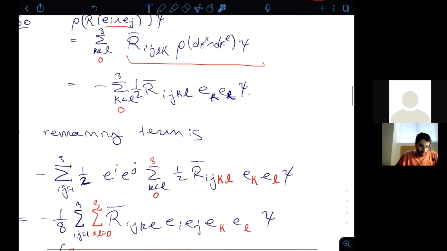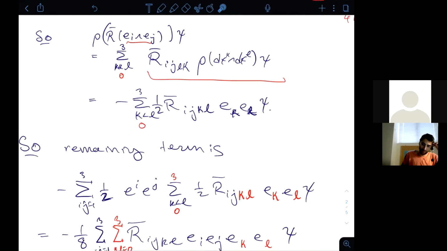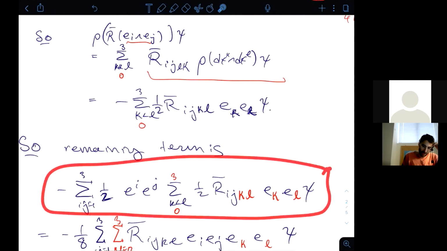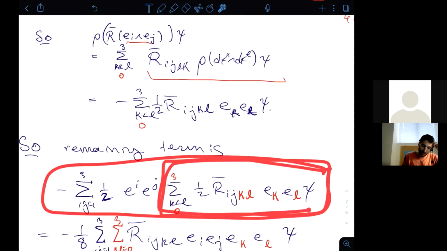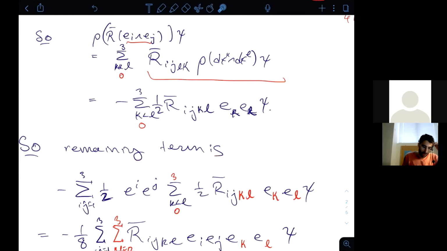Okay, so here we are. We have just used our new formula that we just learned about for how curvature acts on the spinors. We just put that in at the cost of a minus sign, and we picked up this extra 1/2. And that was a 1/2 from before. So here's the setup.